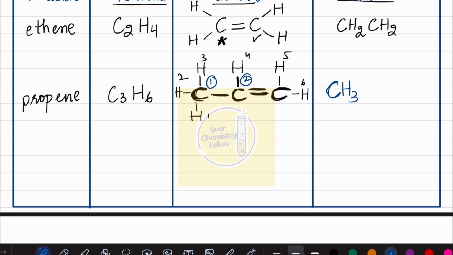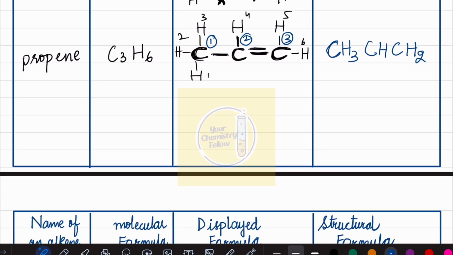The second carbon atom is attached with only 1 hydrogen atom, CH, and the third carbon atom is attached with 2 hydrogen atoms, so it will be written as CH2 here. CH3, CH, CH2 will be the structural formula for propene.